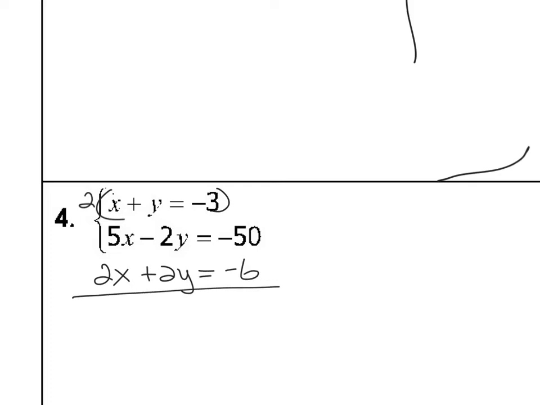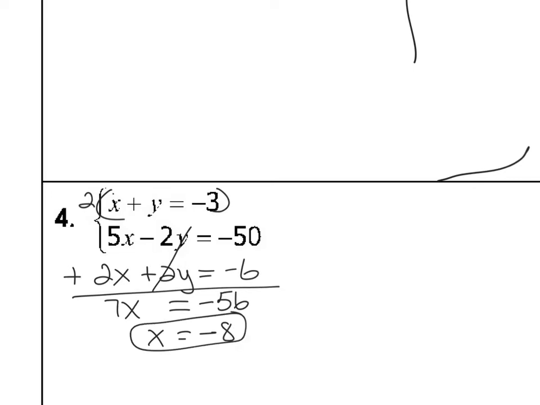So now, if I add these together, negative 2 and 2, they'll cancel out. So we get 5x plus 2x is 7x. The y's cancel out. Bring down your equal. Negative 50 plus negative 6 is negative 56. So we divide by 7, and we get negative 8.